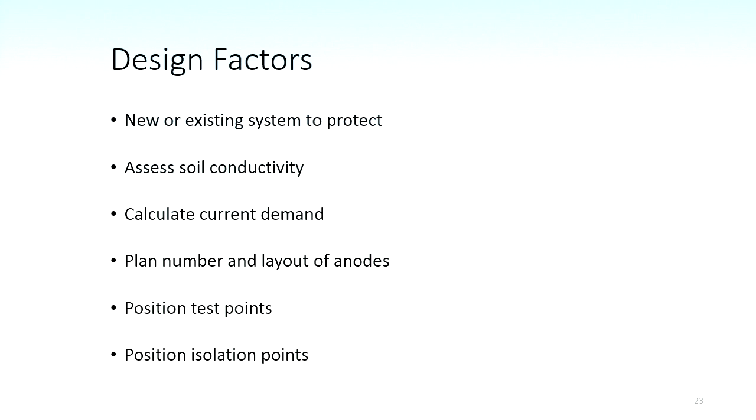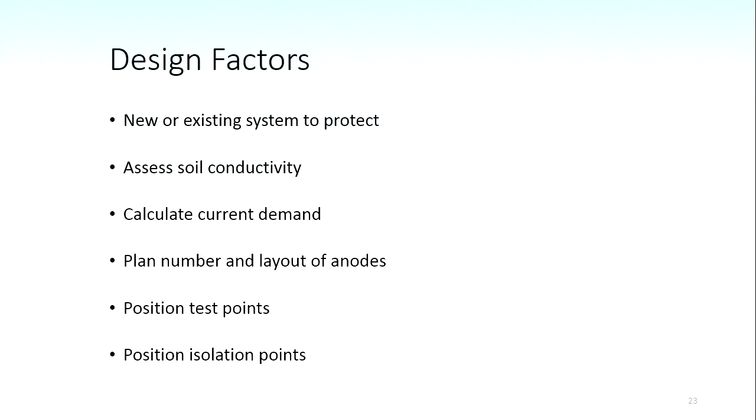You need to work out your current demand, and there are standards to relate that to, and we'll look at those very briefly in a minute. We need to think about our layout, number of anodes, where the test points are, and where we're going to isolate the system. So where are those insulation joints going, so that we have a portion of pipe that we're going to control adequately.